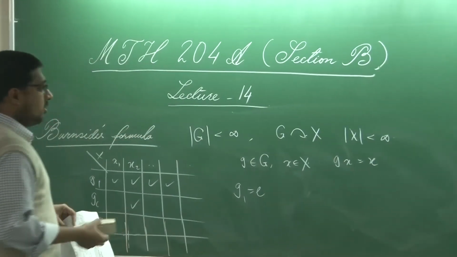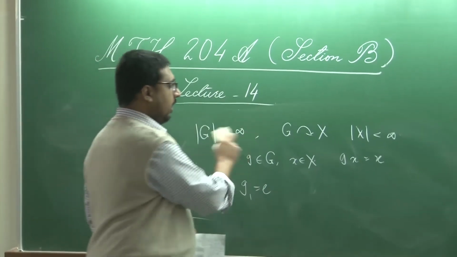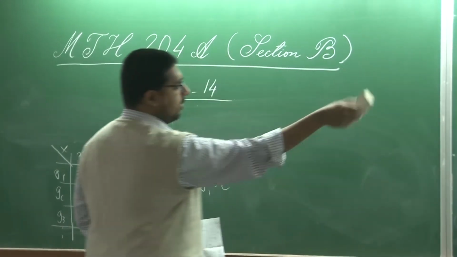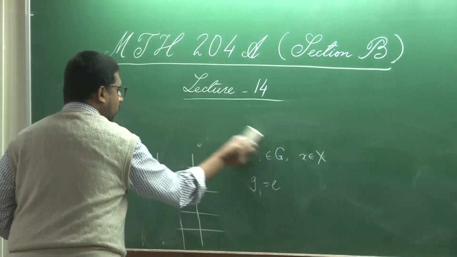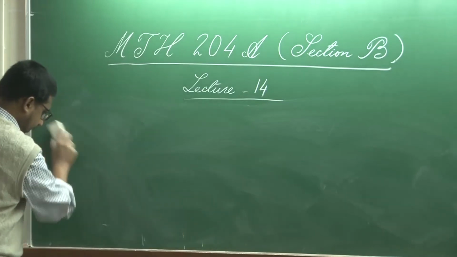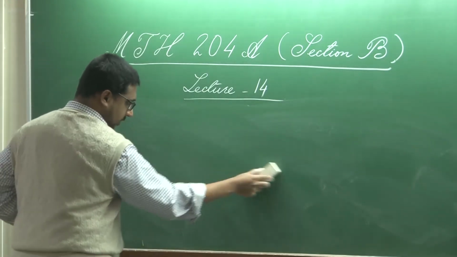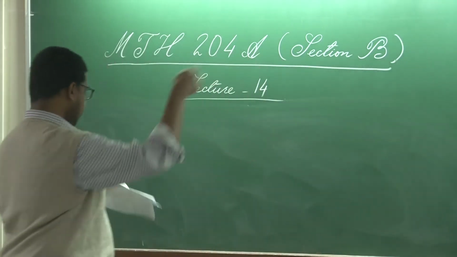Anyway, so now we have done enough of orbit stabilization, and we also counted the number of orbits. Now we may move towards applications of Sylow's theorem. Sylow's theorems have already been proved, but before that I would like to spend some time on P groups.